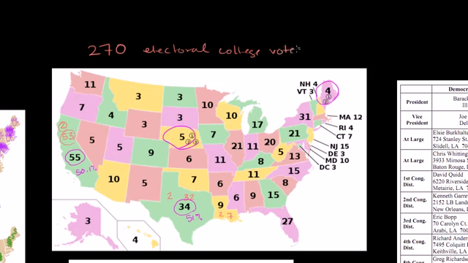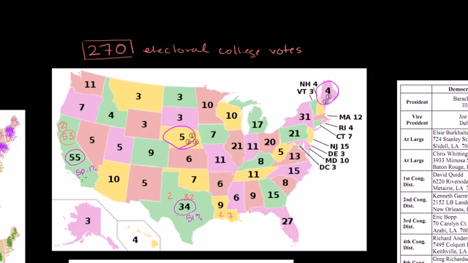If no candidate is able to hit this threshold of 270 electoral college votes, then it will go to the US Congress. Or actually, I should say the US House of Representatives, and it won't be one representative, one vote. What will happen is the representatives in each state will vote together, and each state will get only one vote.